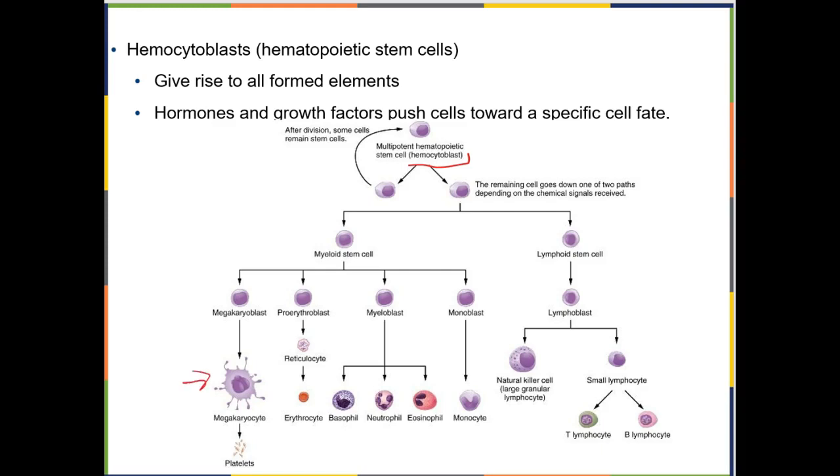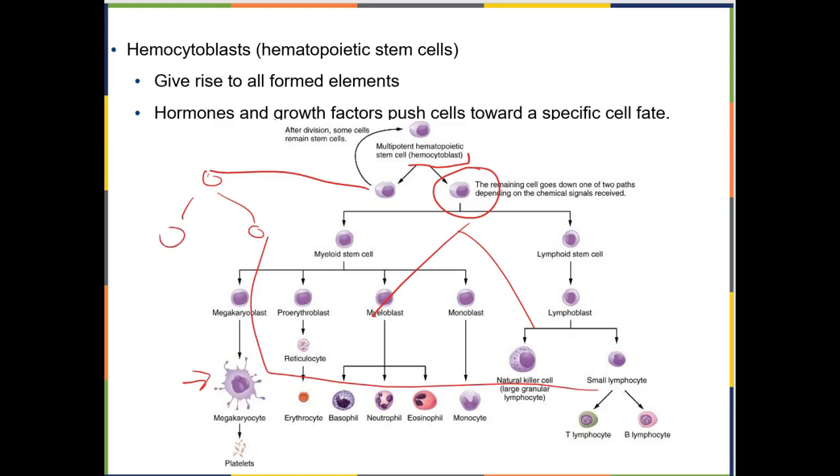But developmentally, they're all derived from the same stem cell. So what would happen is this cell divides. One of its progeny is going to become one of these cell types, and then the other one will divide again, and one of its progeny will become one of these cell types, and then the other one will divide again.